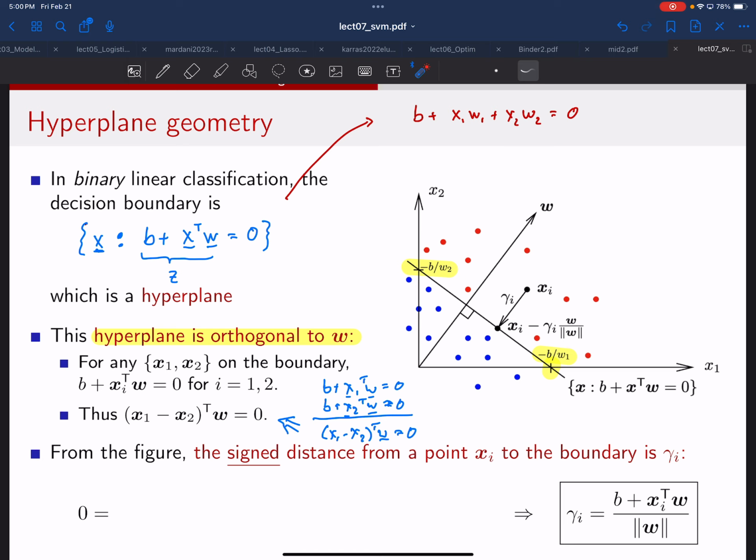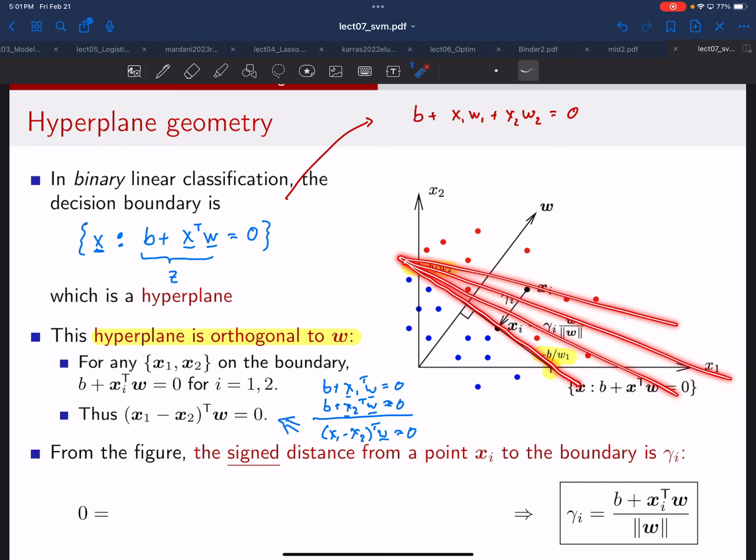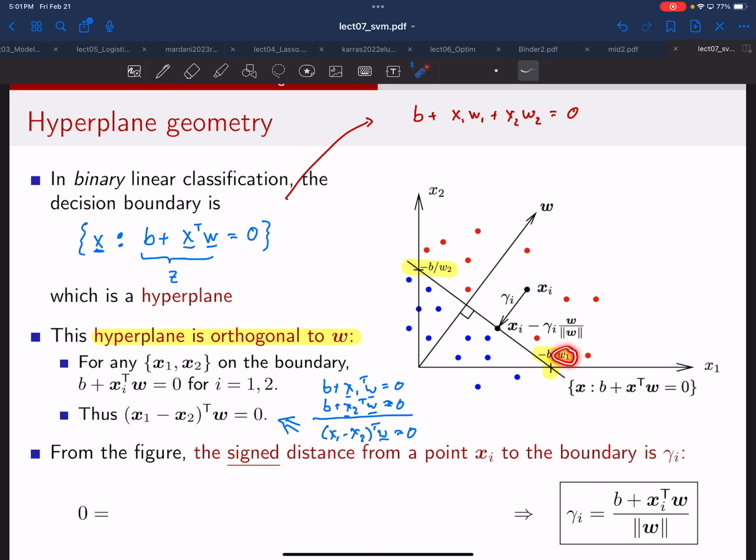Now, of course, if you have a boundary that is parallel to one of these, you can imagine that as taking this and gradually moving this further and further out. So as w1 gets smaller and smaller, this thing gets larger and larger, right? In the limit, as w1 goes to 0, this becomes infinity, and that is where you're going to get this horizontal line.